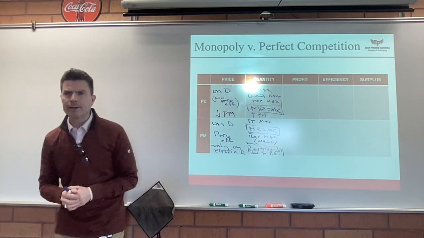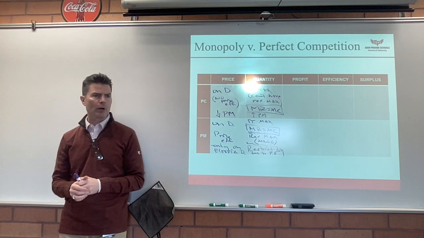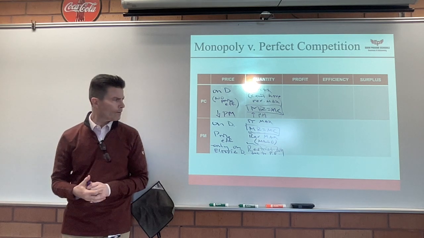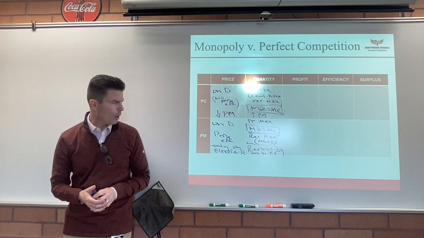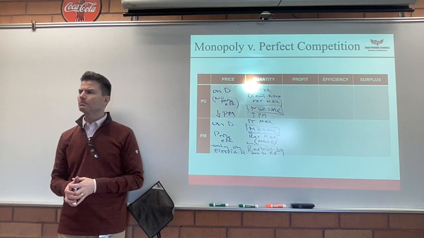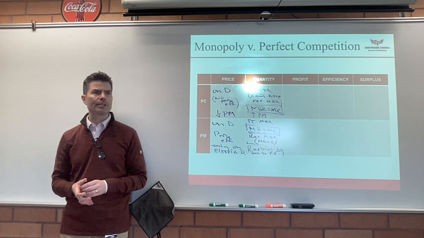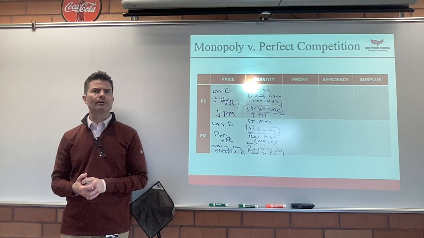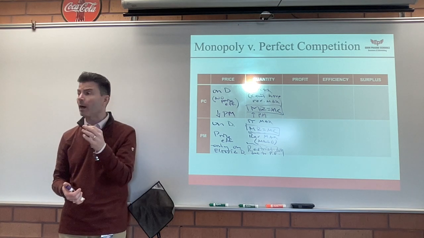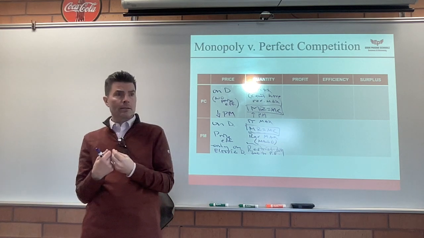I'm just going to let that sit for a second. What does it mean to restrict quantity due to the price effect? Can you figure that out? That's really an analysis of why there's a difference in quantity. Restricting quantity means that you're producing less.